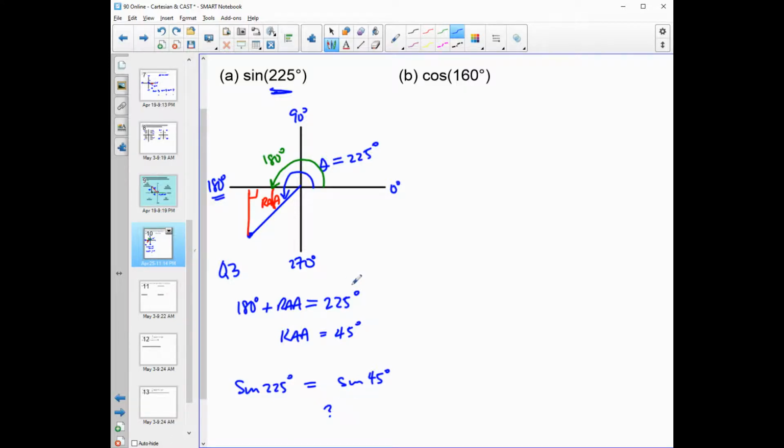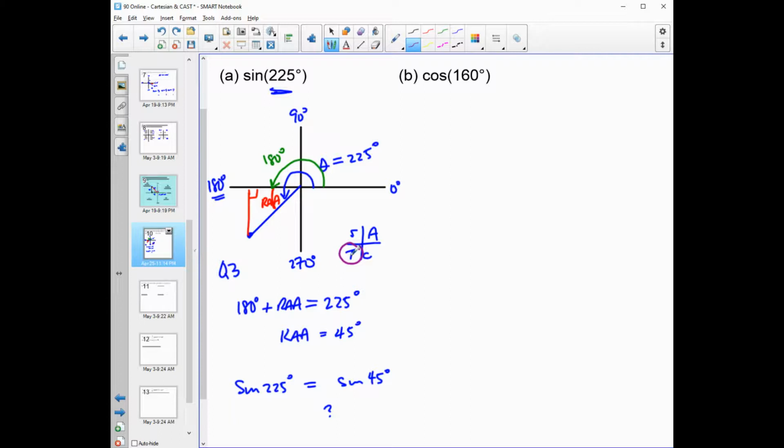And this is where we apply our second part that we just talked about, which is the CAST rule. C-A-S-T. And so what quadrant are we in? Here we are in quadrant 3. This is why the order that you draw the CAST diagram matters, or the way you remember it. And in quadrant 3, the only trigonometric ratio that's positive is tangent.